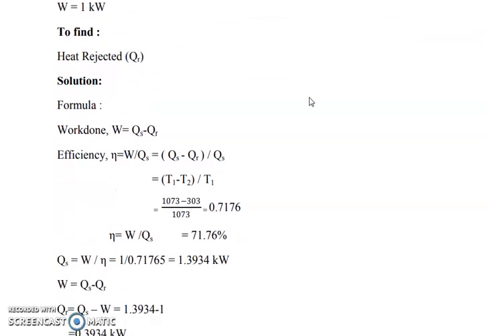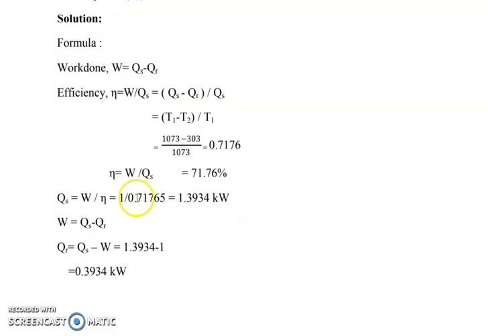So for producing 1 kilowatt of work output, there is a need of 1.3934 kilowatt of heat supplied. Out of this 1.3934 kilowatt, 0.3934 kilowatt goes as waste, that is heat rejected, which is not utilized for useful form.